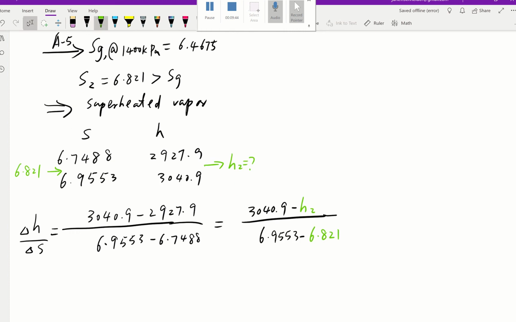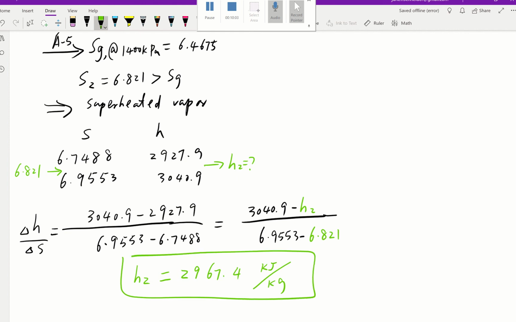Then we can solve for H2, and this H2 value gives us about 2967.4 kilojoule per kilogram. This value is indeed in between those two values.